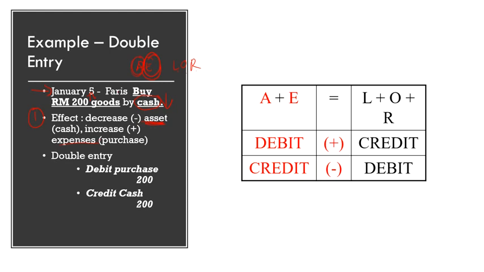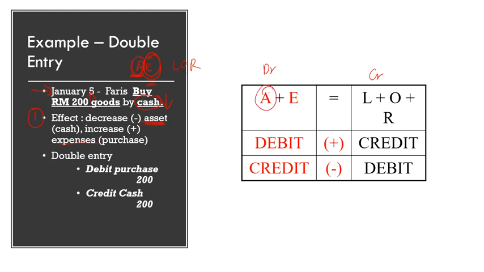So now, by referring to the acronym of LOR, so you tahu tak? Okay, asset decrease. When asset decrease, it will be on your credit. Expense increase, so it will be on your debit. Nampak tak?